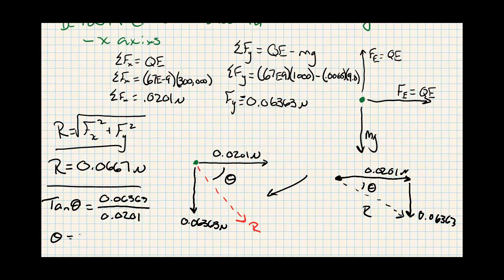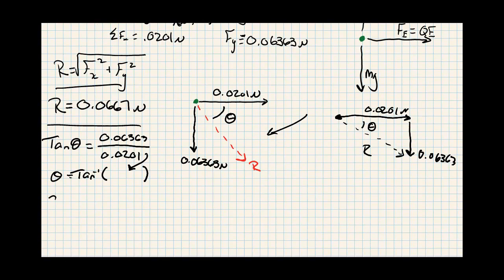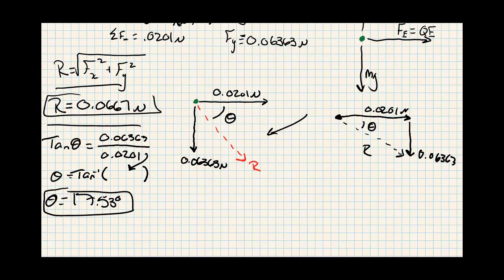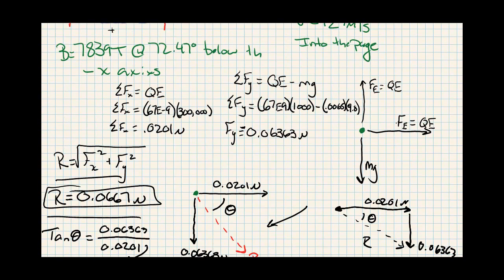Theta equals tangent to the negative 1 of this. Theta ends up equaling approximately 17.53 degrees. So we have a direction and a force for all three of these charges combined.